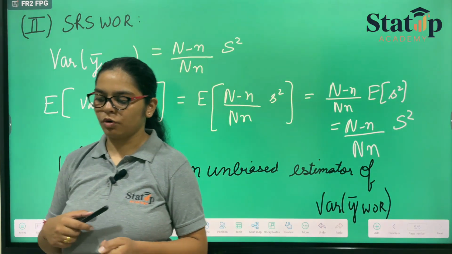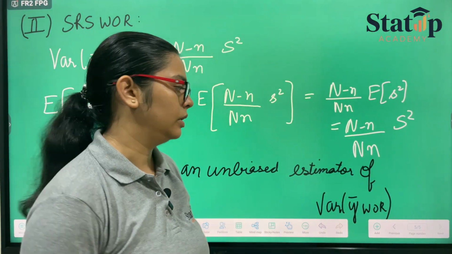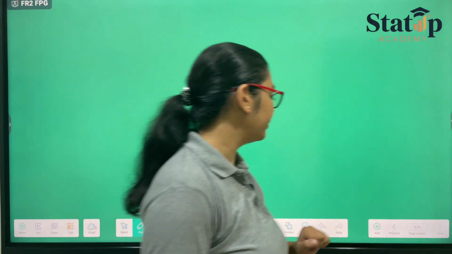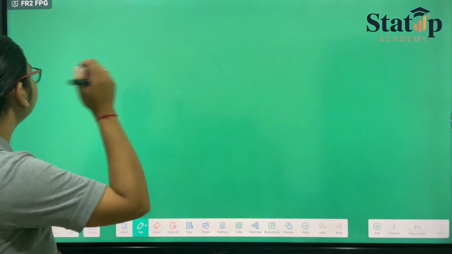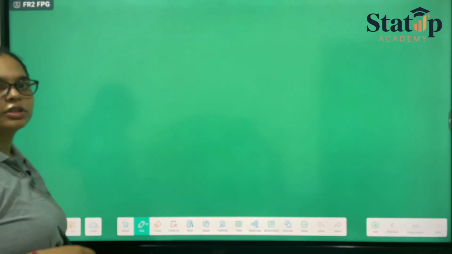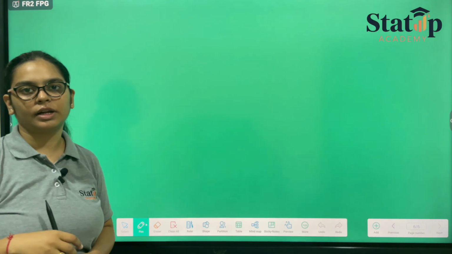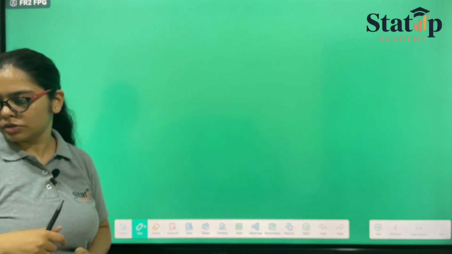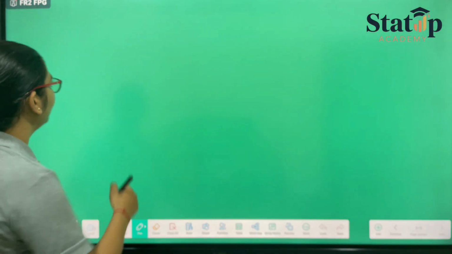Now we will move on further to confidence interval of mean. This is common in both simple random sampling with replacement and simple random sampling without replacement. So confidence interval of y bar.